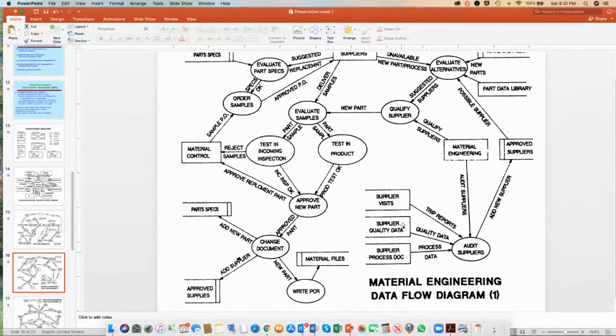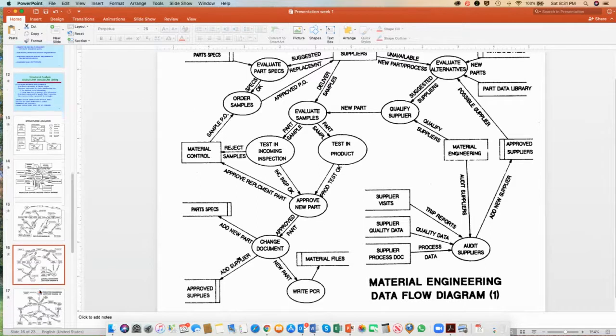There's supplier visits, there's taking supplier data, there's taking supplier process documentation. You do an audit of the suppliers. Then once you approve the supplier, after you do the audit, then you put them in the list of approved suppliers. So you can see all of a sudden more new things show up that you didn't see in the upper level. So kind of as you go down the levels, you explore more and more details.